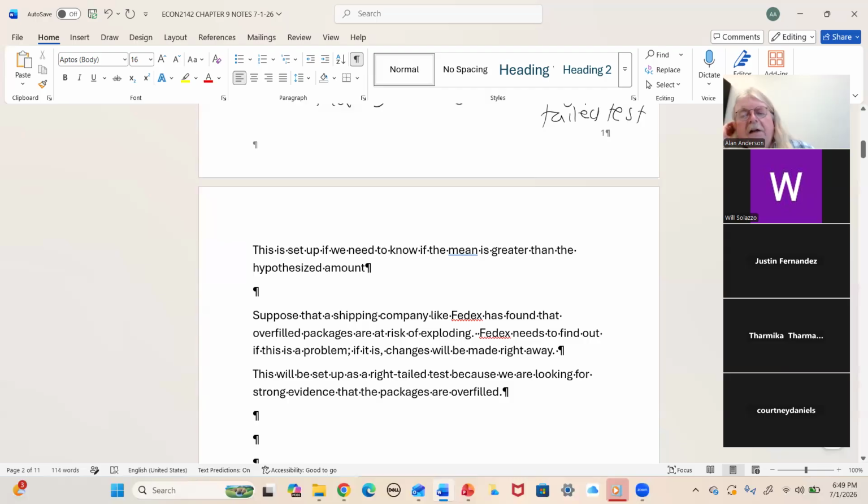Of course, with packages, it's not like you're selling a product in a store. When they send you packages, I don't know how they decide how much to put in each box, but we're assuming here that overfilling the boxes is a big problem. Underfilling them just means they have to use more boxes. So in their judgment, overfilled is worse than underfilled.